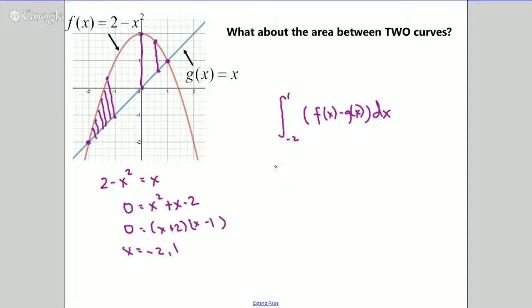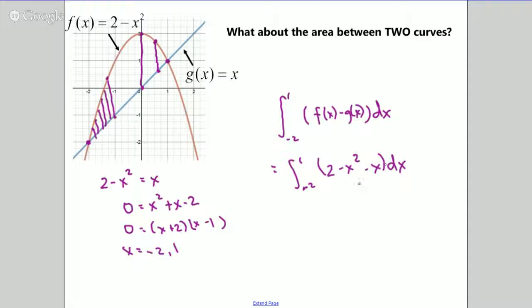So if I want to find the actual answer, I can just plug in f and g, so the integral of 2 minus x squared minus x dx. And then to find the answer here, we could take an antiderivative, plug in 1 and -2 and subtract, right?